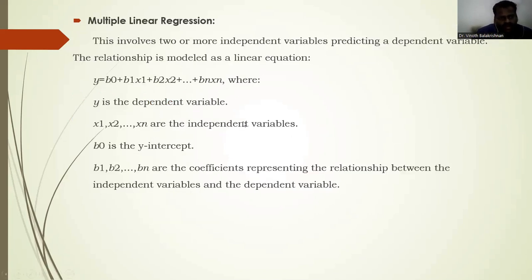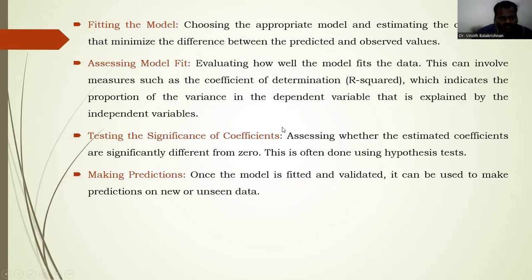In multiple linear regression, we have n unknown parameters depending upon the independent variables. Here we have the intercept and then n regression coefficients. These are called the unknown parameters. Here too we can use the ordinary least squares method for finding these unknown parameter values. This is how to fit the model.